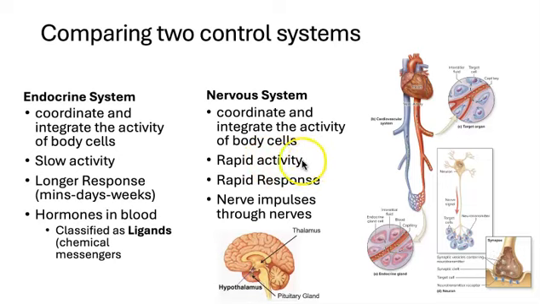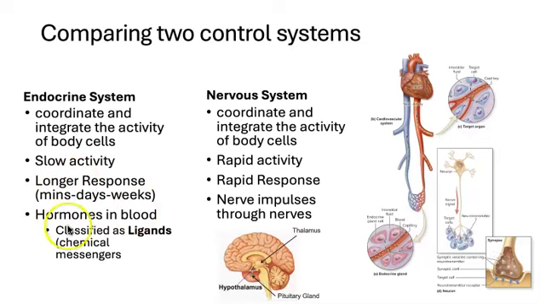And because we send it rapidly, we get a rapid response, but it is short-lived. Whereas in our endocrine system, we are going to take our time releasing those hormones and getting them to the target cells, but we get a longer response that can last from minutes to days or weeks, depending on what type of mechanism we're talking about.